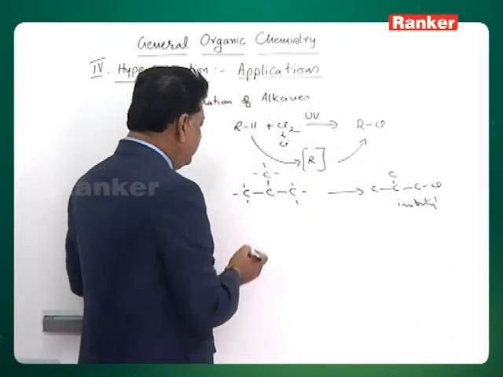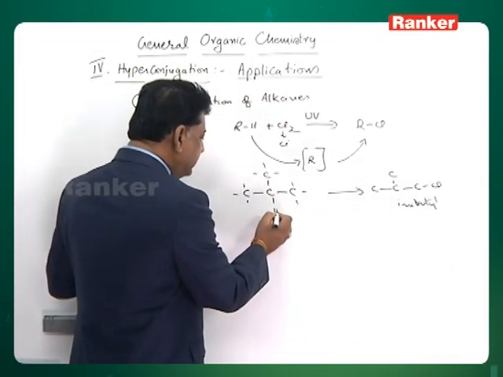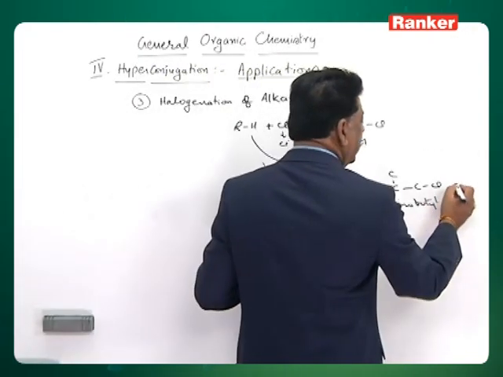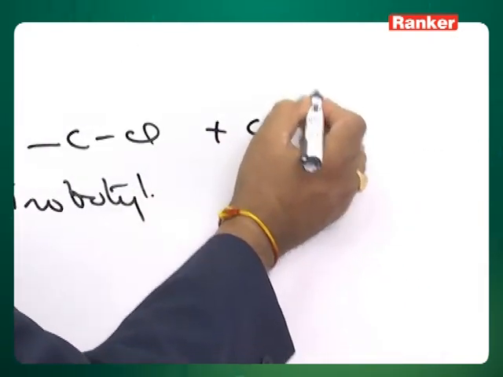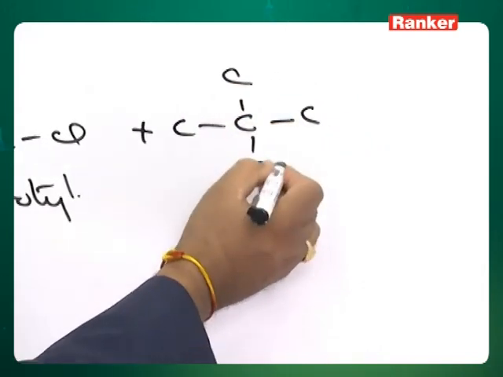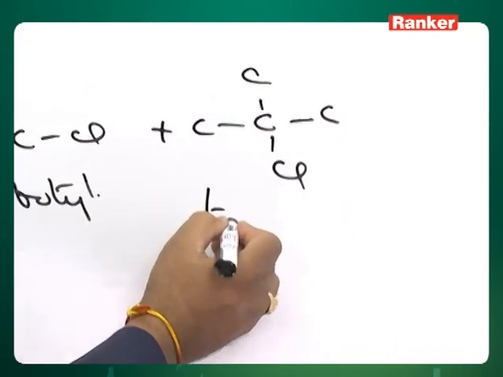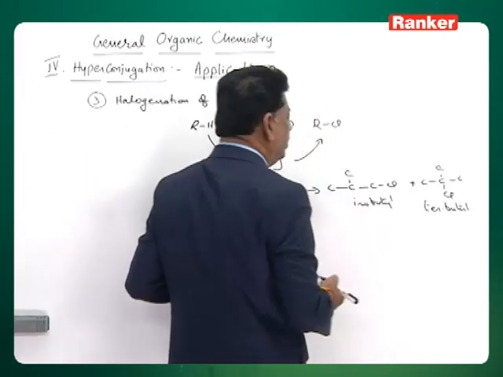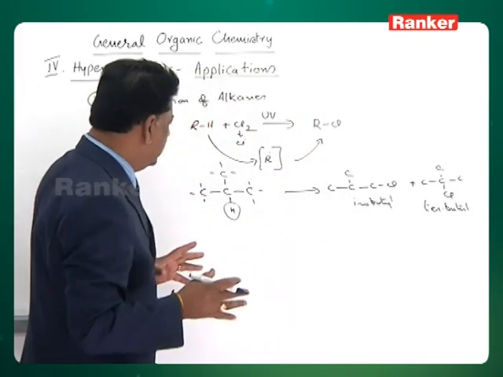If the hydrogen in the center is halogenated, you will get another product, the second type, that is tertiary butyl chloride.